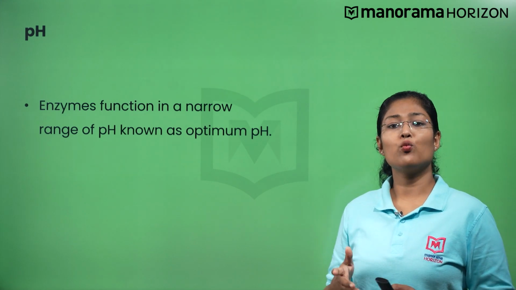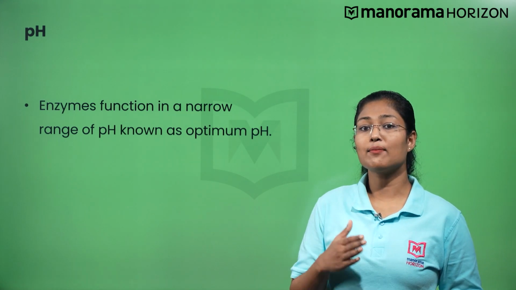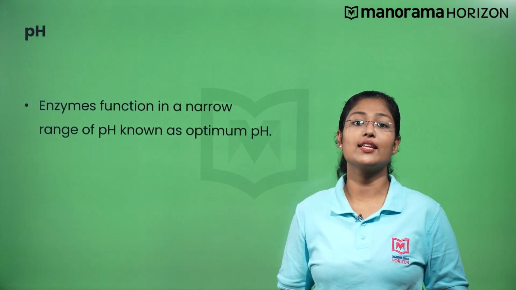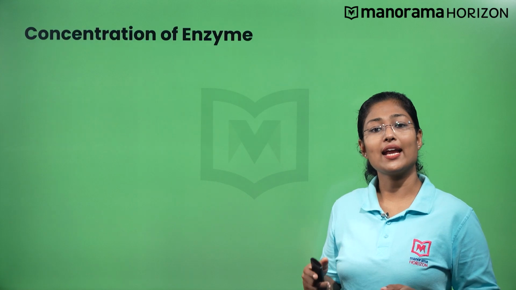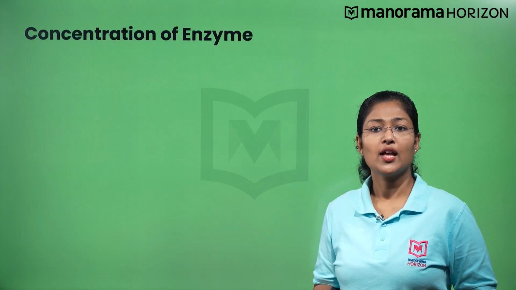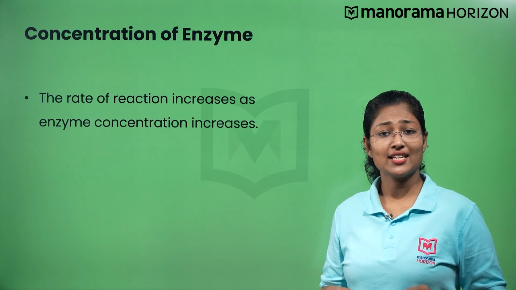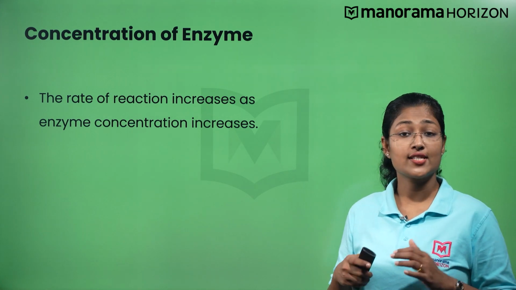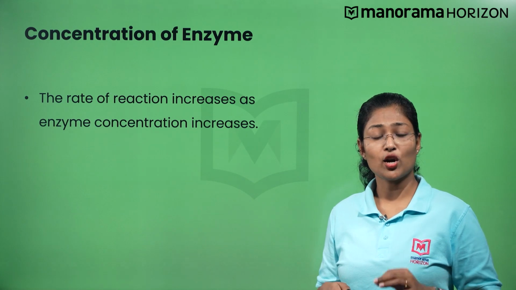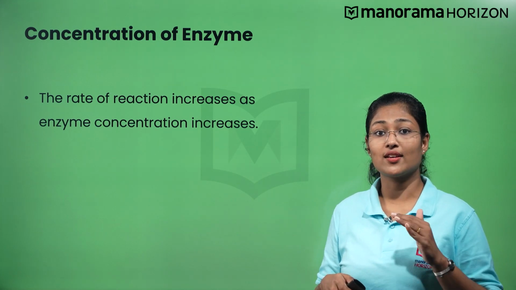Now, let's see what happens when the enzyme or substrate concentration in the reaction medium fluctuates. First, let us check the enzyme concentration. The rate of reaction increases as enzyme concentration increases. After a certain point, enzyme concentration exceeds what is required.